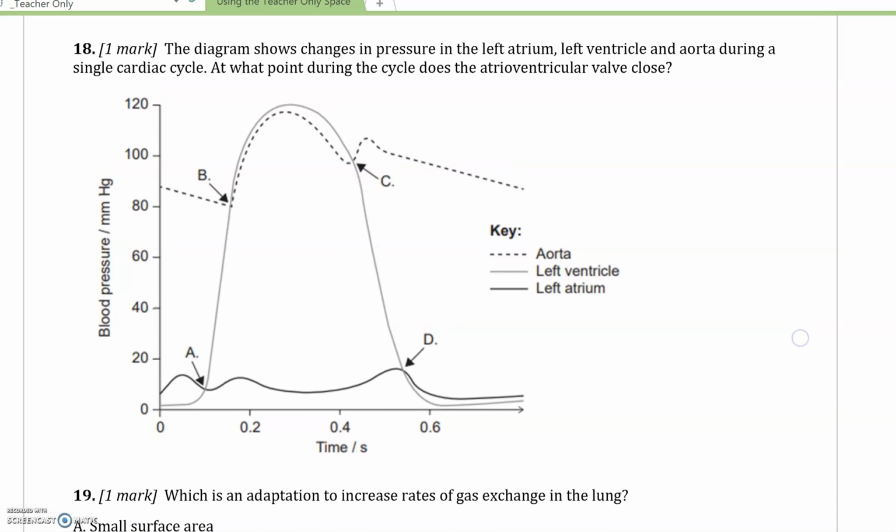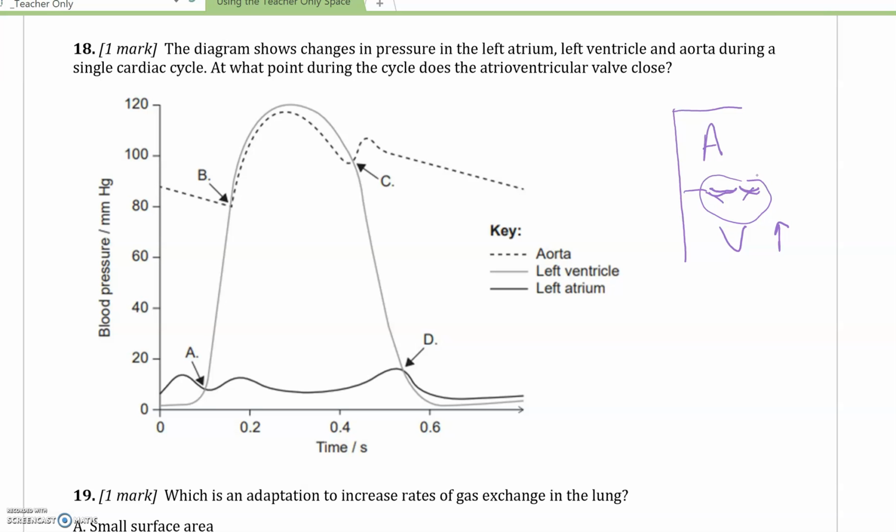Okay, so question 18. The diagram shows changes in the pressure of the left atrium, ventricle and aorta during a single cardiac cycle. At what point during the cycle does the atrioventricular valve close? If you think about the atrioventricular valve, you've got your atria going to your ventricles, and that's your AV valve. The AV valve is going to close when the pressure in the ventricle is higher than the pressure in the atria, because that's going to force these flaps shut.